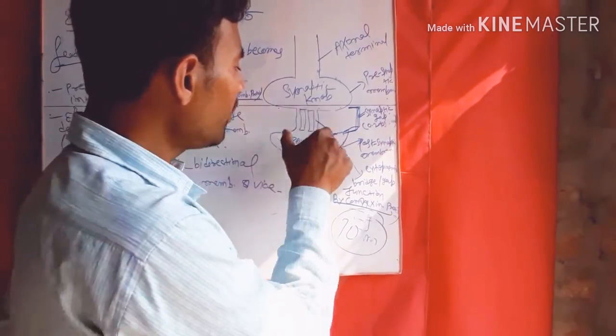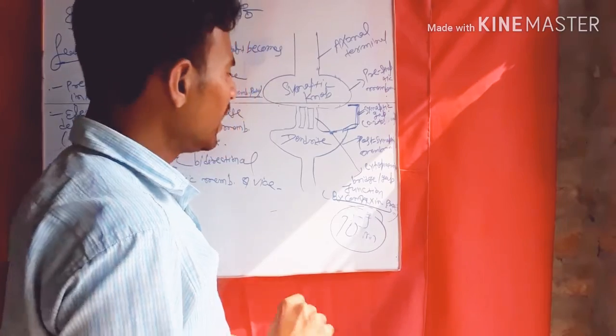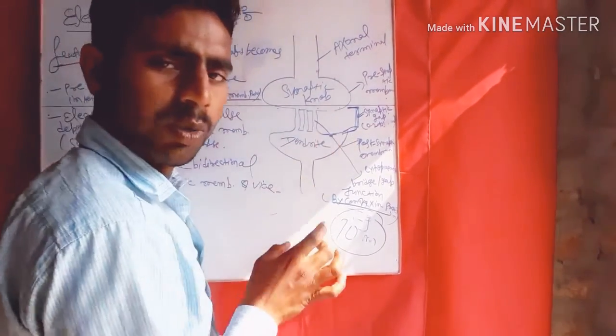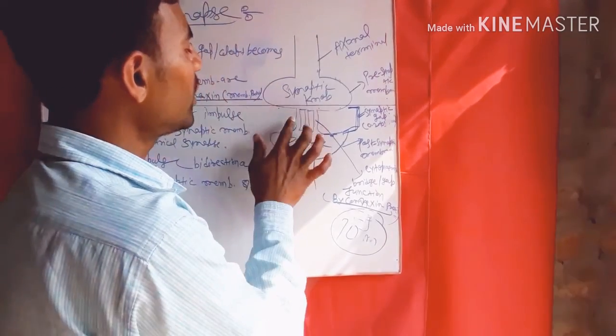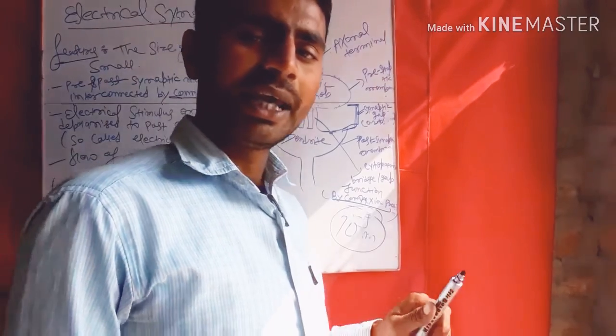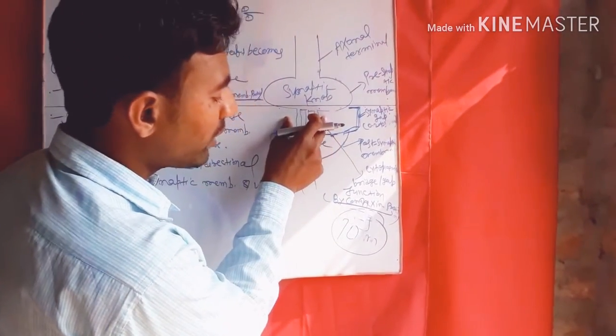But in between, both neurons are attached with a bridge formation. This is called the cytoplasmic bridge or cytoplasmic gap junction. Why does this bridge formation happen?